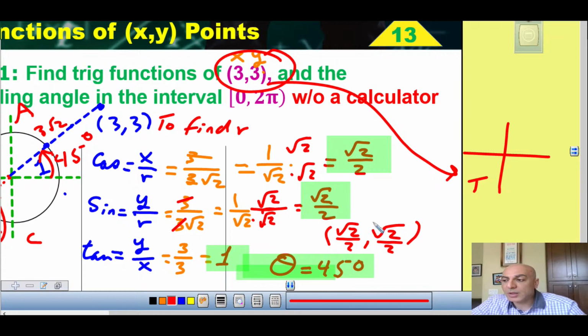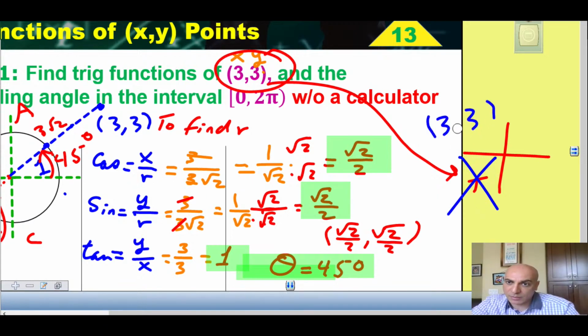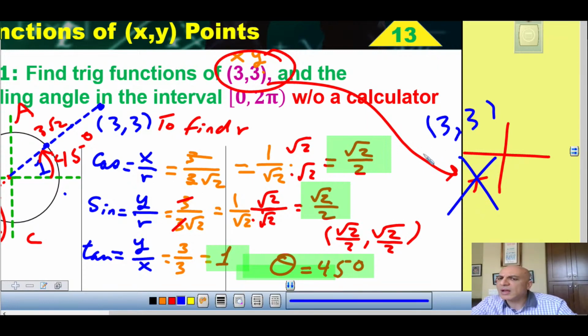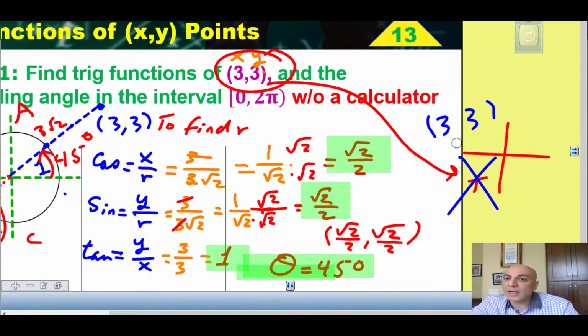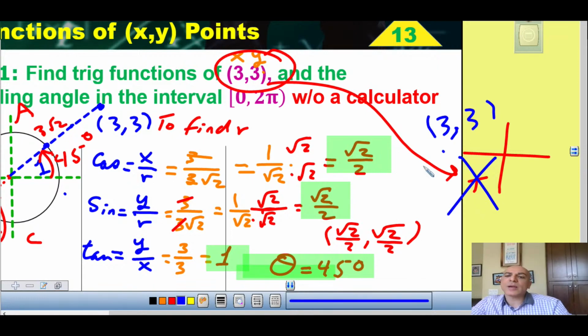The answer is no, it doesn't. So that's why you have to reject this possibility. 3, 3 does not live here. If you gave me a point that is -3, -3, I would probably say, yeah, you're right. But not 3, 3. So that's why you have to reject this possibility. It is a possibility, but you got to reject it because that point that you were given does not live there.